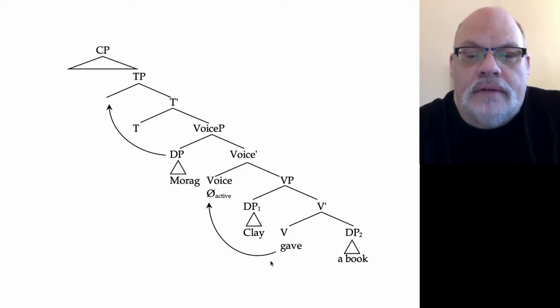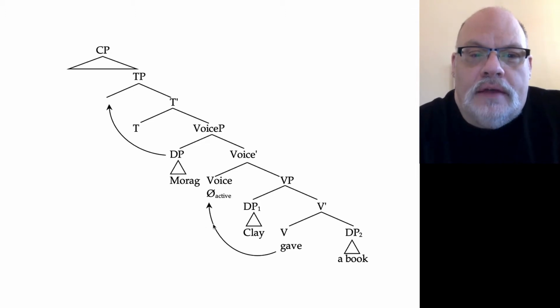This had the added advantage that it explained why both Clay and book are functioning as complements, because a book is a complement of gave in its base position, and Clay is in the specifier position of the VP, which is a complement of the voice head, which is where the verb ends up.